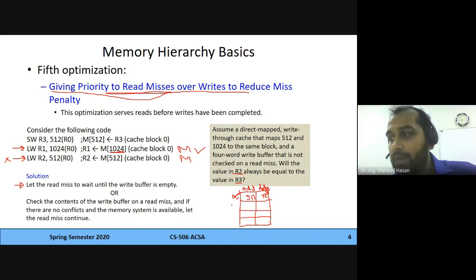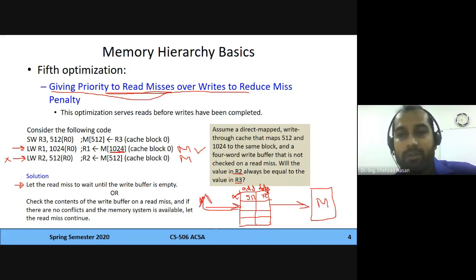What happens is that it's only updating from one side, from CPU to memory. So it's not bi-directional, so you cannot get the same data back to the CPU. That's not possible. So one optimization could have been that if there is a conflict over here, you get that same data from here to the cache. But this optimization is not talking about that.